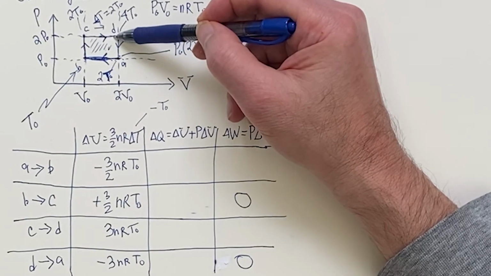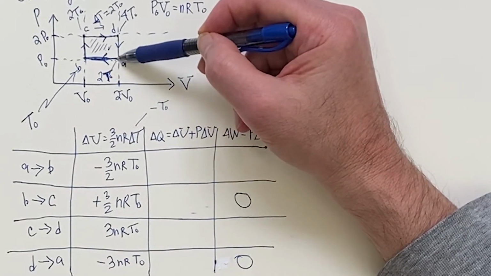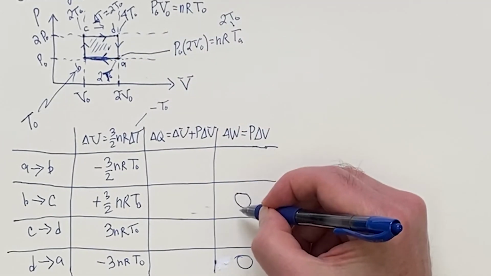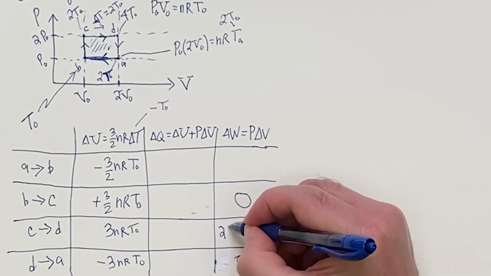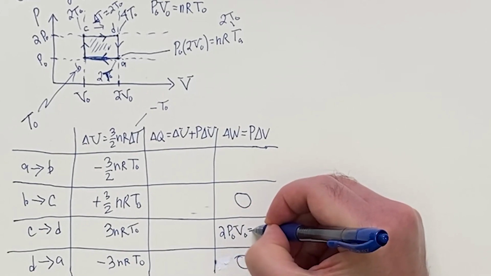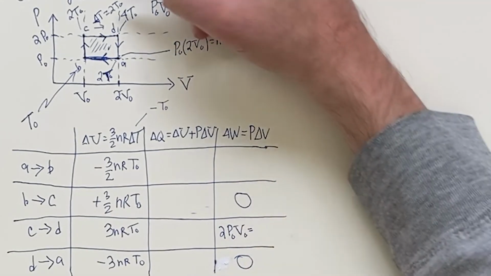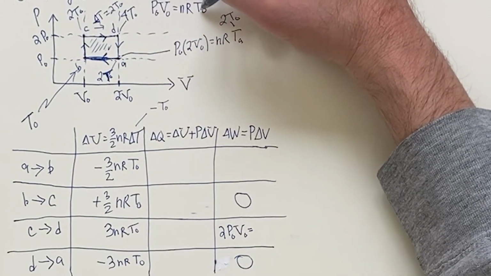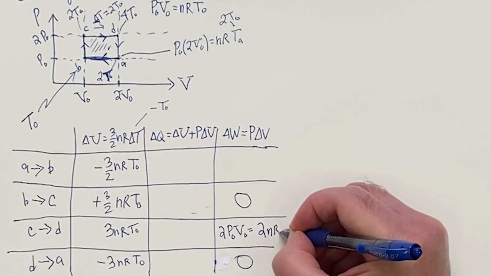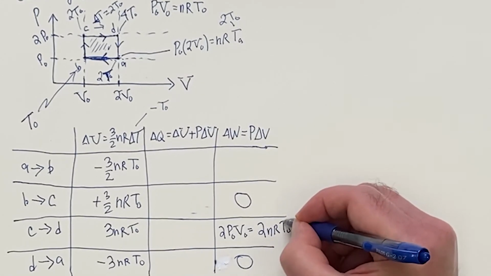What's the change in volume? 1 V naught. So you have here 2 P naught, 1 V naught. And if you then use the formula, P naught V naught is nRT naught, and there's a 2 in front. This is 2 nRT naught.